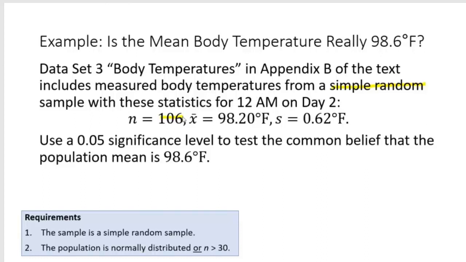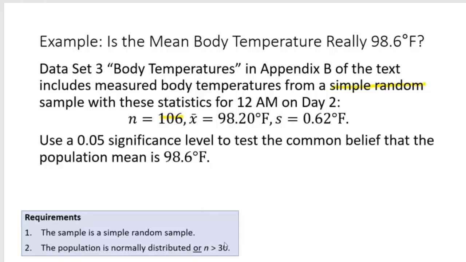N was 106. Now, the mean temperature was 98.2, which is a little lower than 98.6, and the standard deviation was 0.62 degrees Fahrenheit. We're going to use a 5% significance level to test the common belief that the population mean temperature is 98.6 degrees.